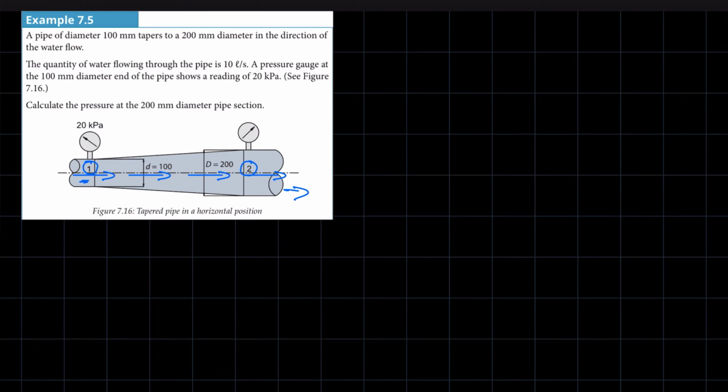So the entry side of the pipe is named 1 and the exit side is named 2. Always remember to get that right, because you don't want to mix the two up, since it will mess up our calculations.